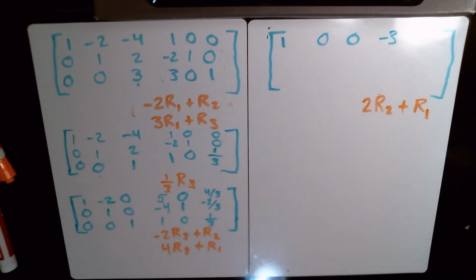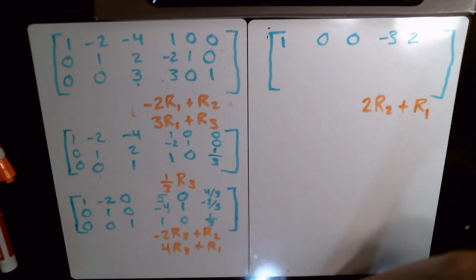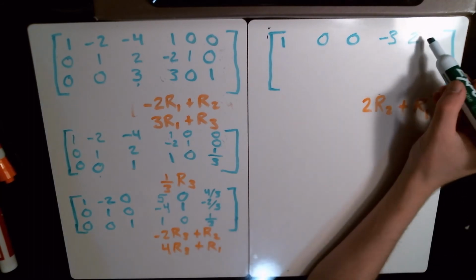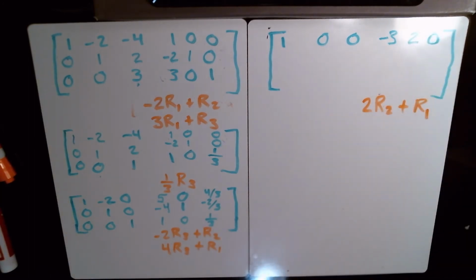Okay. And 2 times 1 is 2. Plus 0 is 2. 2 times -2/3 is -4/3. And then we add it up. That's 0. Okay. And so that was our row operation.